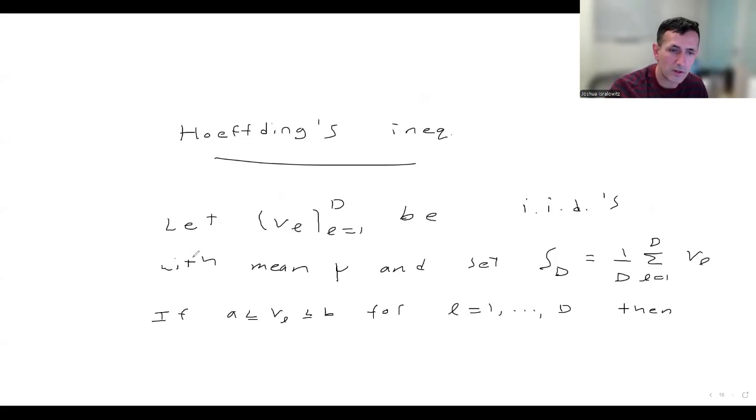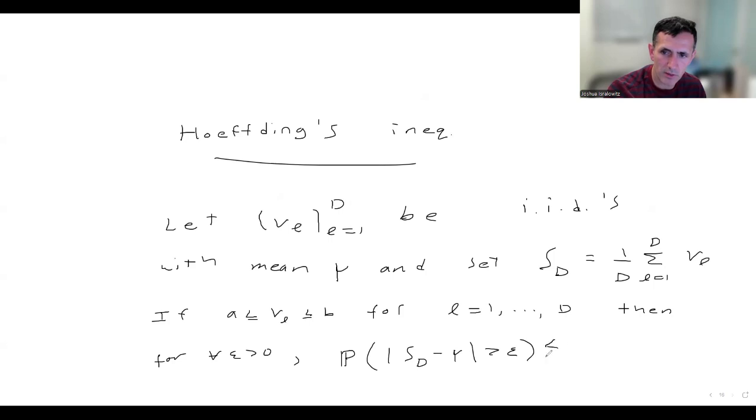So for any epsilon bigger than 0, we have the probability that the sample average minus the mean is bigger than epsilon is less than or equal to 2 times the exponential function of minus 2 big D epsilon squared over B minus A.